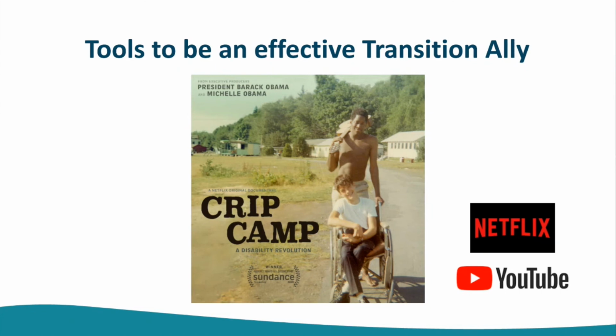The first one here is a documentary called Crip Camp, and it is outstanding. You can watch it on Netflix, or you can watch it on YouTube for free if you don't have Netflix. I actually just led a medical group panel earlier this week. I had medical students watch this, and then we had a panel of folks to talk about reactions and whatnot.